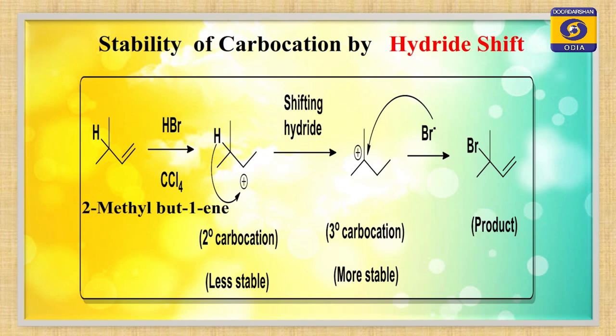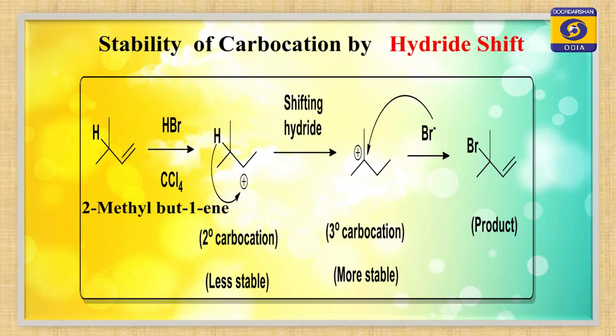But remember students, sometimes, as in the example you can see on the screen, when you add HX there will be a hydride shift to get a more stable carbocation. For example, if you get a 1 degree carbocation, by hydride shift you can get a 2 degree carbocation.